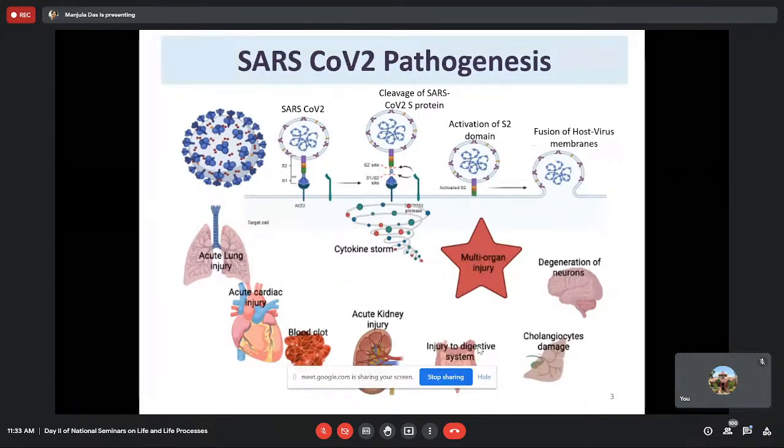However, an exaggerated response of the host immune system can cause various other complications, such as hypercoagulopathy and microangiopathy, leading to tissue damage, organ failure, and untimely death.